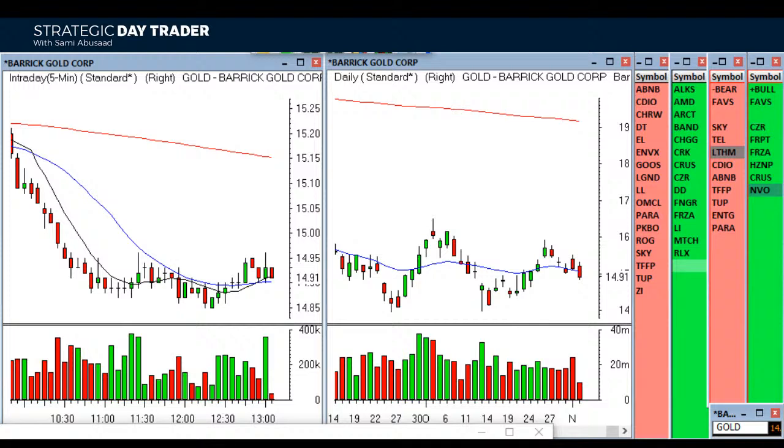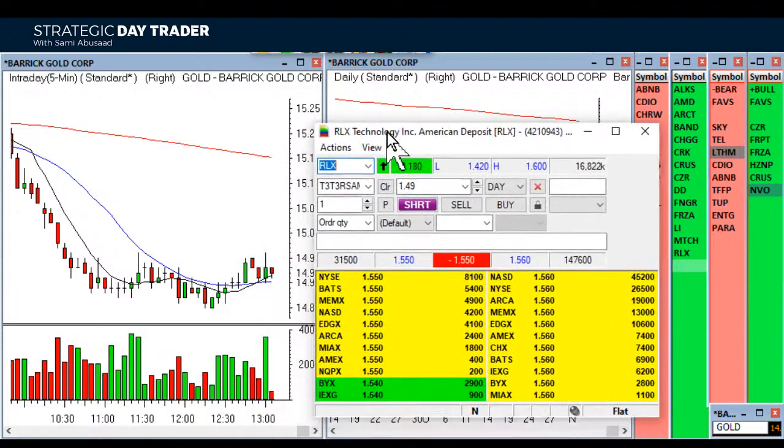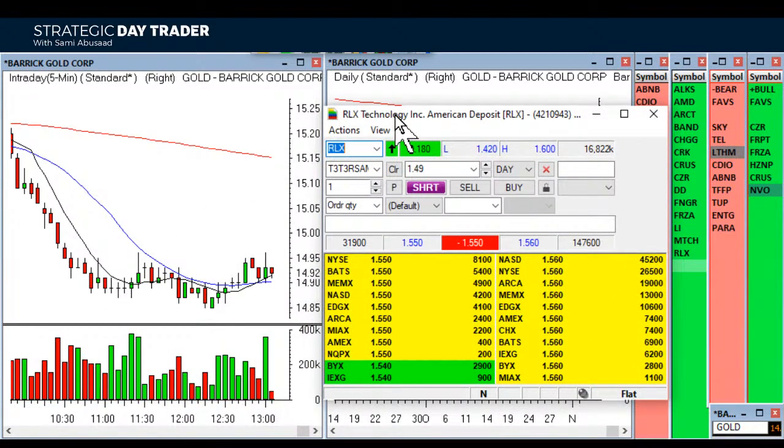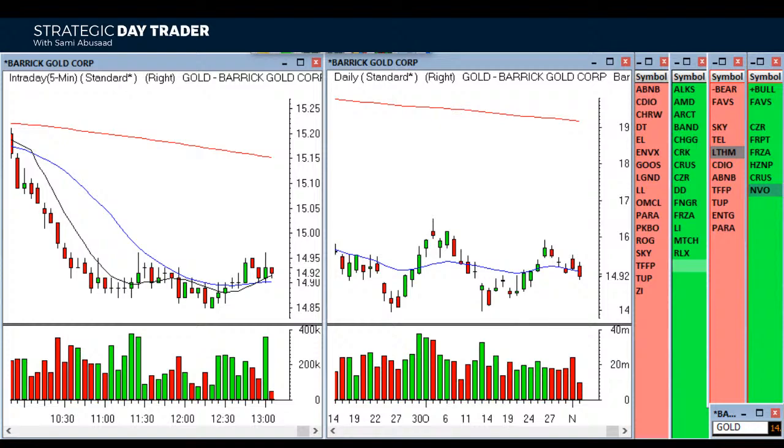Okay. Let's see. In Lightspeed, how do we get the total bid and offer? Yeah, some platforms unfortunately don't show it, but E-Trade does, and Sterling does. This is Sterling, which I get from T3 Trading Group.